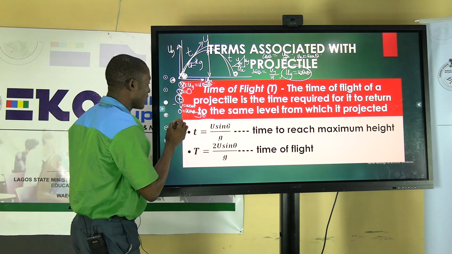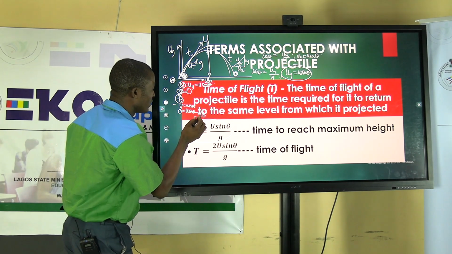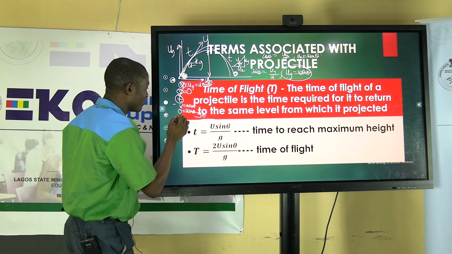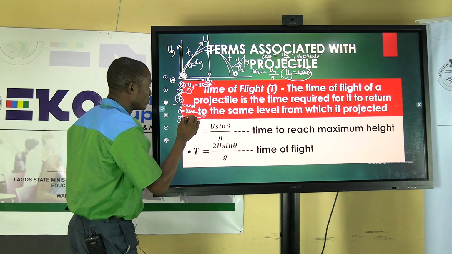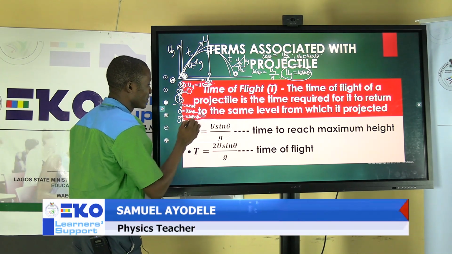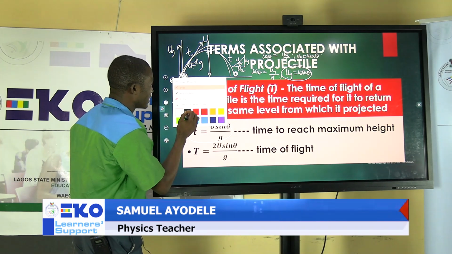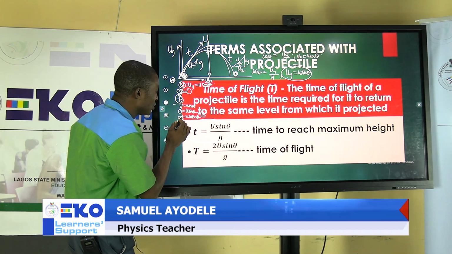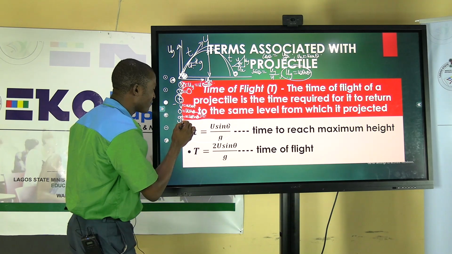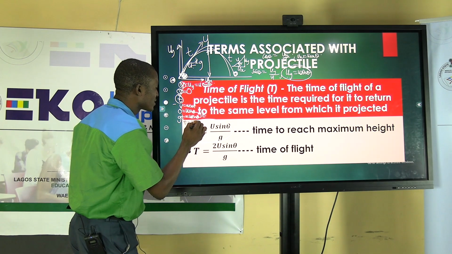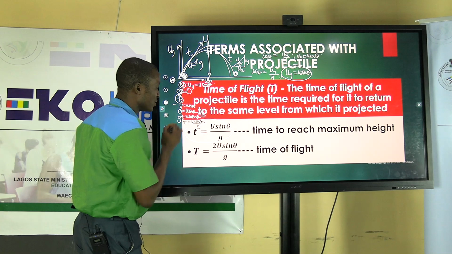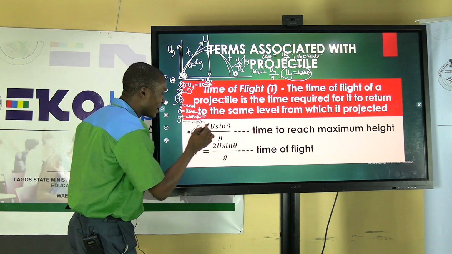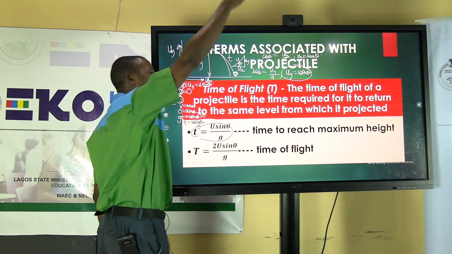So from here, bringing this gt to this side, you are going to have gt equals u sine theta. When you now go further and make t the subject, you're going to have t equals u sine theta over g. So that is what we are having here. This is the time taken to reach maximum height.